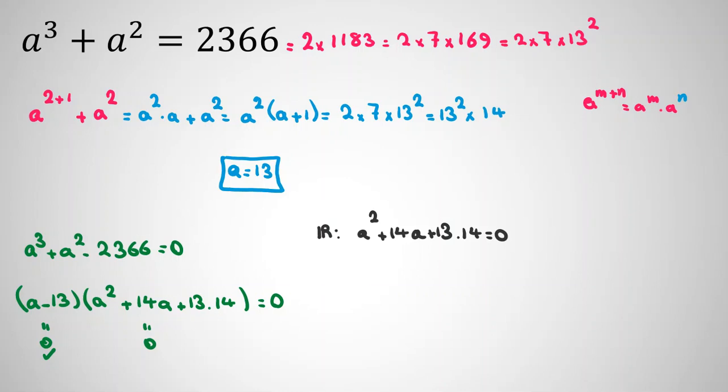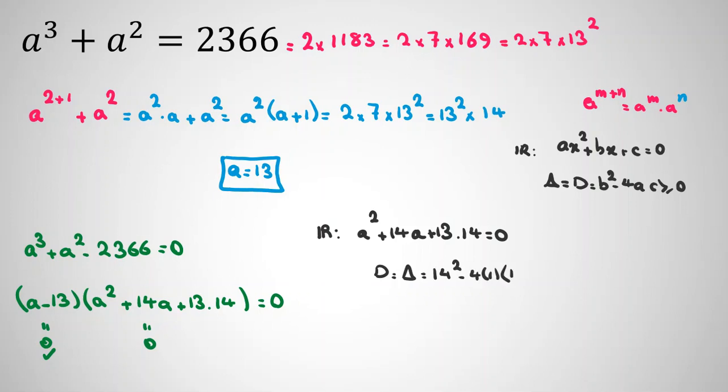In the first way, if we have ax squared plus bx plus c equal to 0 and x is a real number, the delta, or discriminant, which is b squared minus 4ac, should be at least 0. So delta equals 14 squared minus 4 times 1 times 13 times 14.